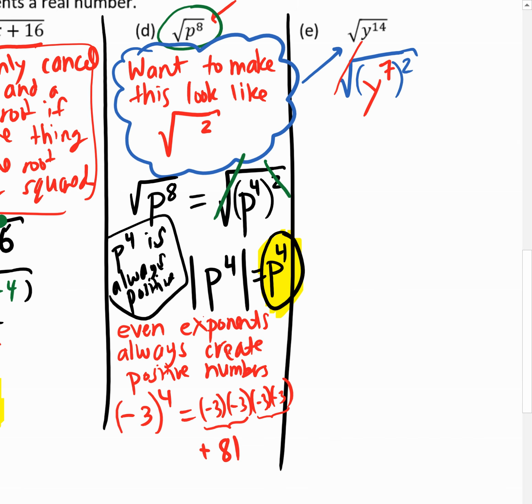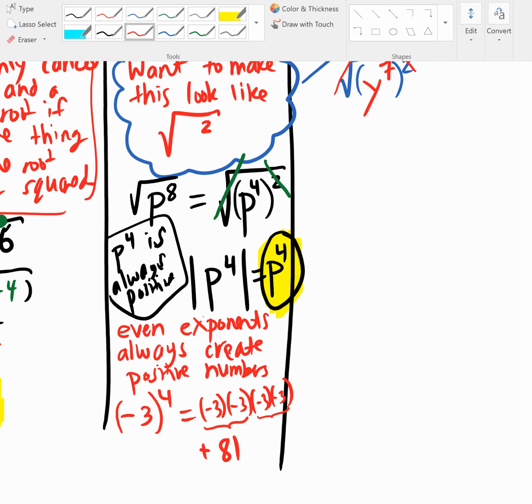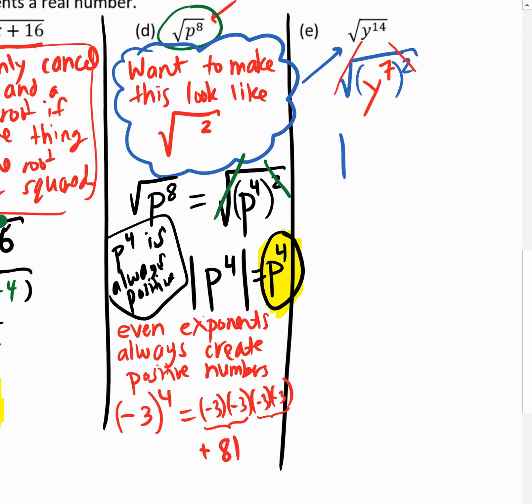Now finally the square root and the square cancel, and you're left with the absolute value of y to the 7th. This is where I ask myself, is this similar to the last one where I can remove that absolute value? Well, the key over here was that even exponents always create positive numbers.